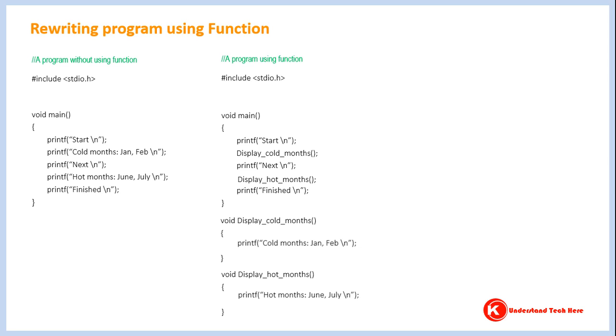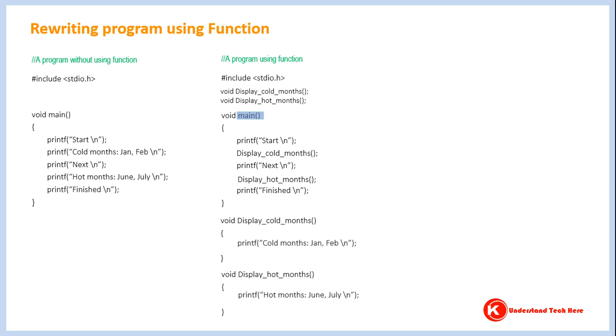Besides this, you need to add this thing at the top. I'm going to explain these things a bit later on. Well, now you have rewritten the program using functions. Complete these two programs and see how you can write programs using functions.